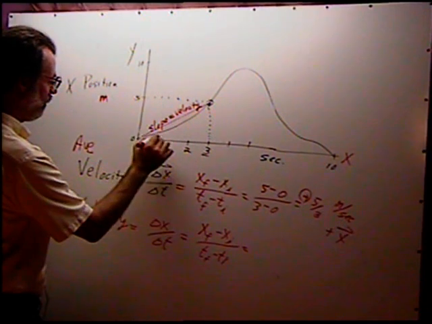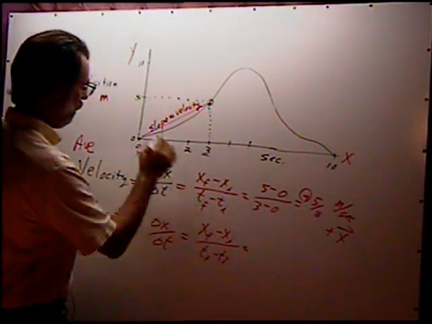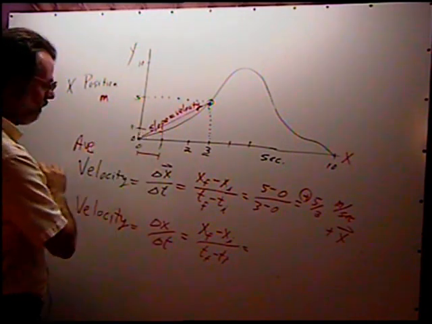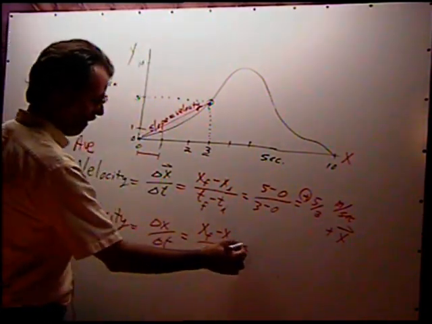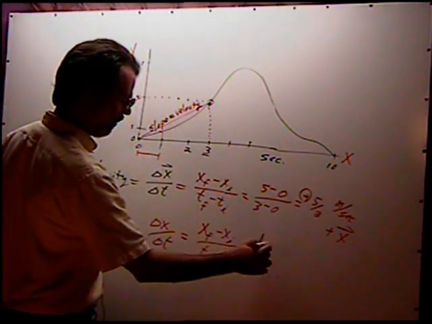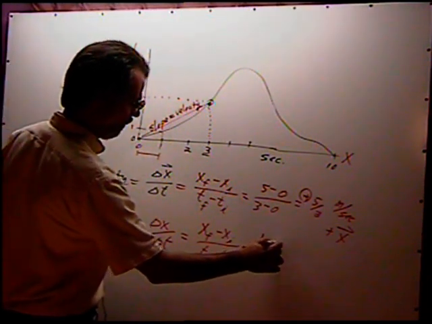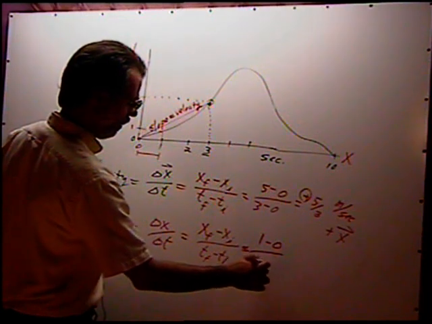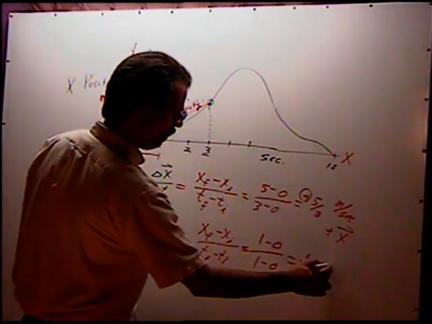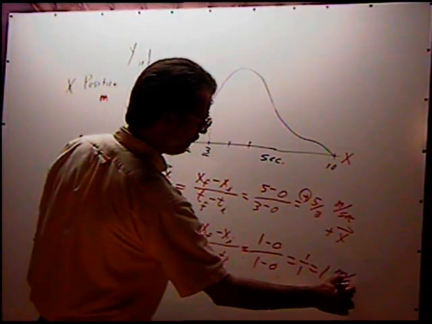I'm going to have to estimate this, but let's say this is 1. So the final x position is 1, the initial is 0. And t goes from 0 to 1, so we basically get 1 over 1, or 1 meter per second.